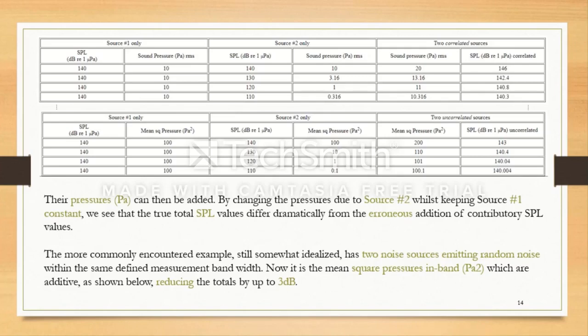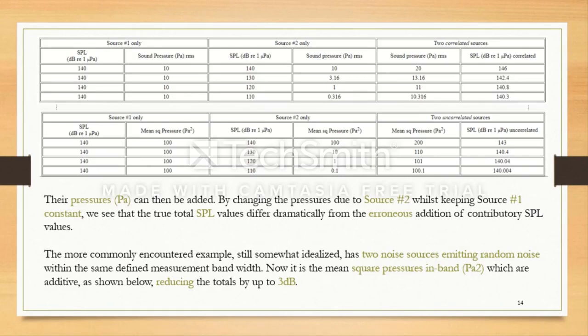Box 1 and box 2 are both similar, but the upper is about correlated sources and the unit for sound pressure is Pascal. The lower box is about two uncorrelated sources and the unit is square Pascal, because it's a mean square pressure, not sound pressure.